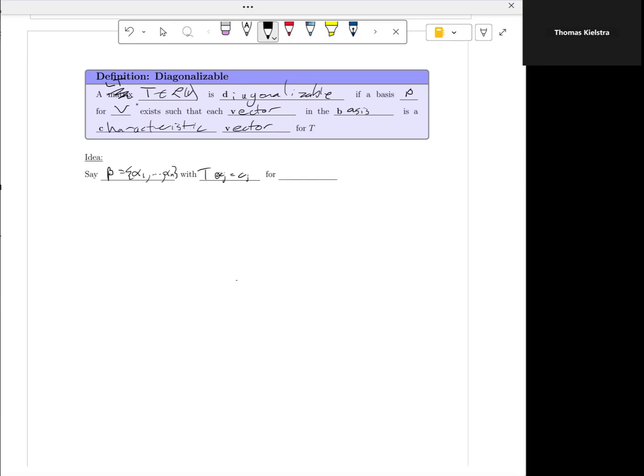equaling Cj alpha j for 1 less than or equal to j less than or equal to n. Then T alpha 1 is going to equal C1 alpha 1 plus 0 alpha 2 plus up to 0 alpha n, which implies that the coordinates of T alpha 1 relative to basis beta equal the vector C1, 0, up to 0.